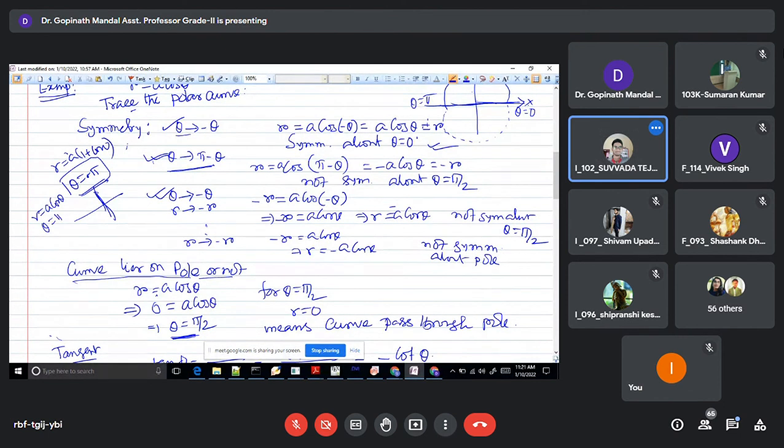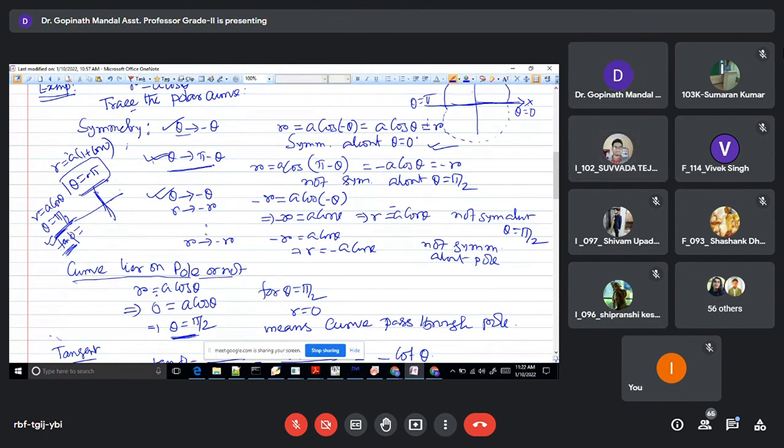We should find the tangent at the pole, using tan phi equal to r by dr by d theta, which is minus cot theta, so minus cot pi by 2. First, if it passes through the pole, find the tangent at that pole.